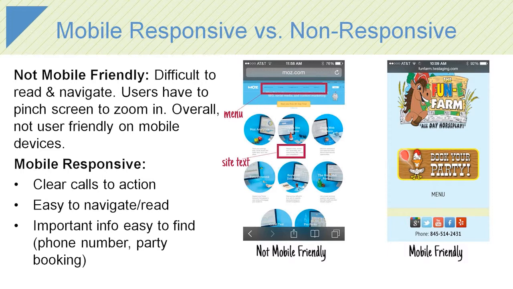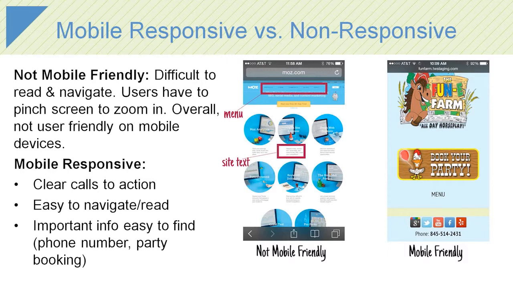So if you look at the non-mobile responsive, it's difficult to read. If you're on an iPhone, think about how small that is. You have to zoom in and out. It could be formatting weird, and you could essentially lose a customer very quickly because they just can't find what they're looking for. And the picture on the right, the mobile responsive, has clear calls to action. Think about if a mom or dad is in the car trying to find out where you're located, or how to book a party, or they're on the run trying to figure it out.